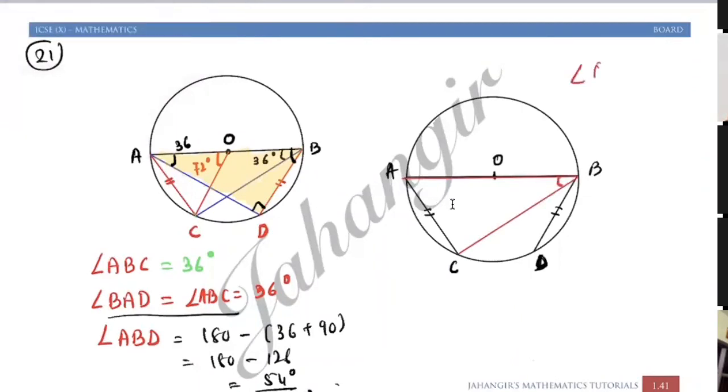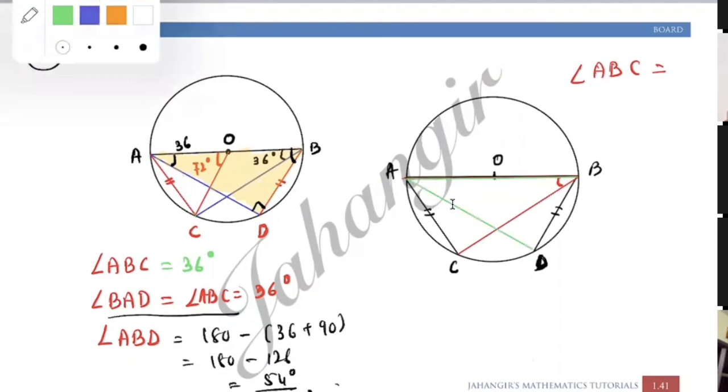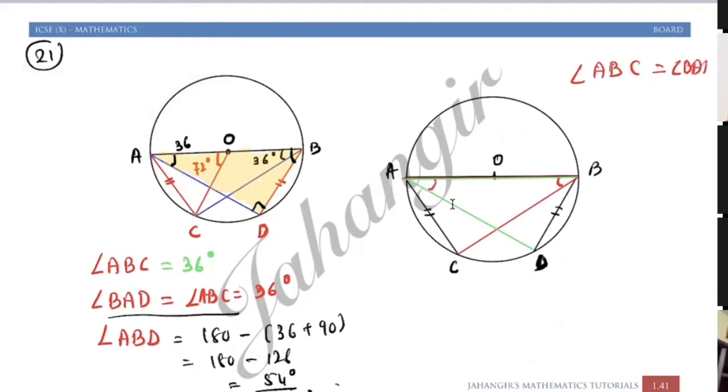ABC. Angle ABC is equal to the angle starting at B and ending at D, which is angle BAD. Understood? These two angles are equal.